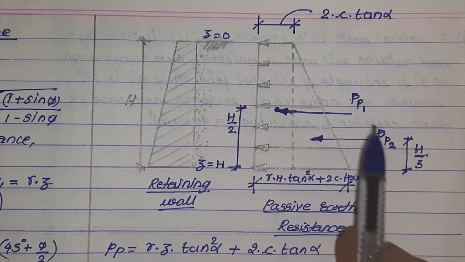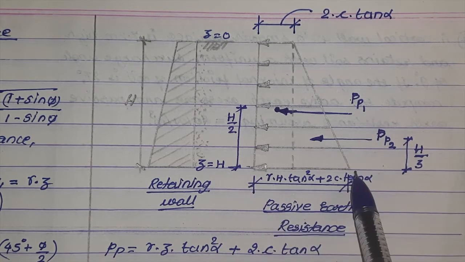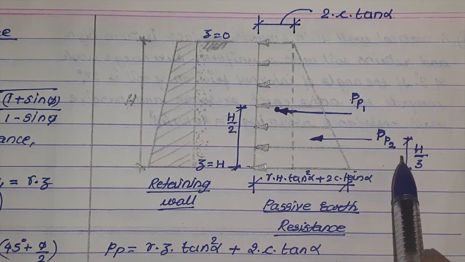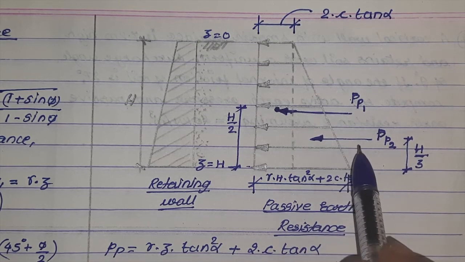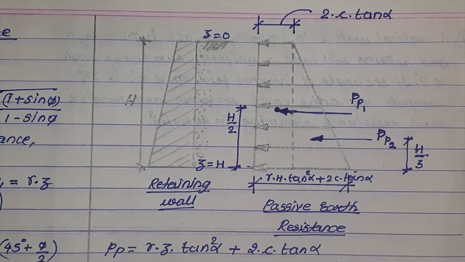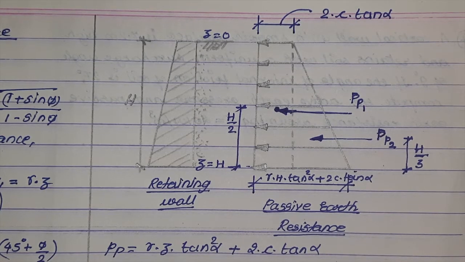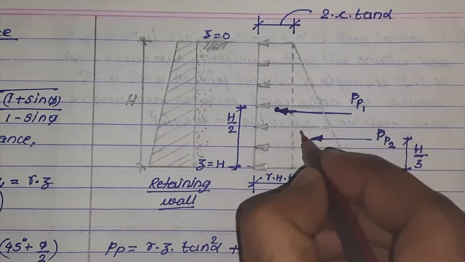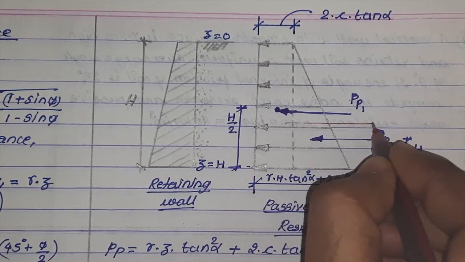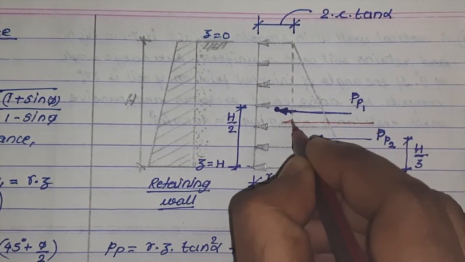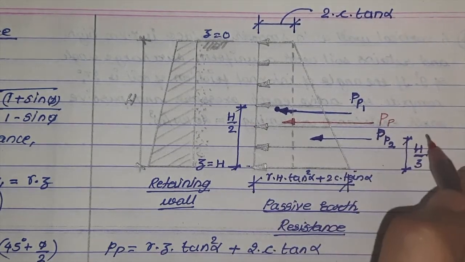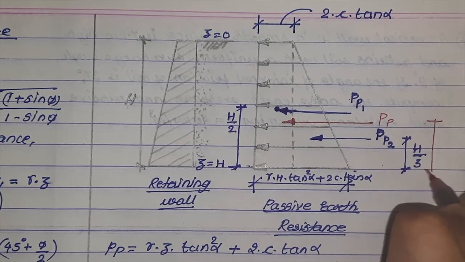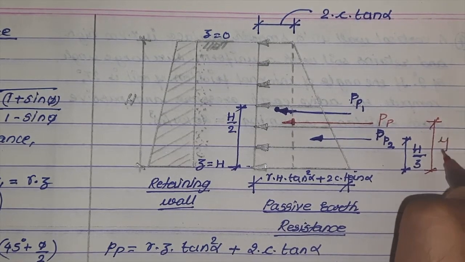Thus, take the moment of PP1 about the base, take another moment of PP2 about the base, add them together and finally equate it to the total passive resistance of the complete diagram. Let us say the total passive resistance which we are observing in red color is capital PP, and its distance from the base be distance y.